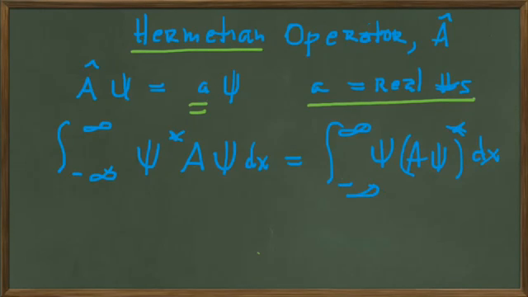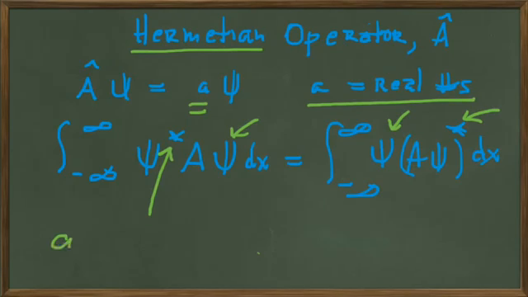Notice that there is an asterisk on top of the function psi here, and on the other side there is not an asterisk on the function psi, whereas on this side of the equation there's an asterisk applied to the operator A applied to the function psi, whereas there is not an asterisk here. So first let's identify what that asterisk means.